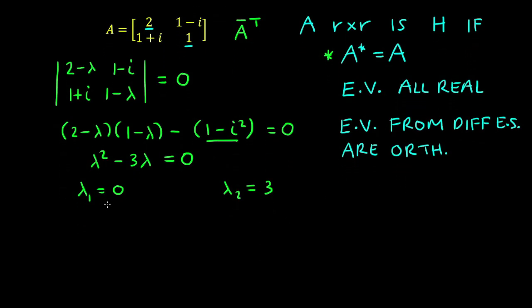And now to find the eigenvectors corresponding to lambda 1 equals 0, we have the product of the matrix A minus lambda I, so that would be 2 minus 0 is 2, and 1 minus 0 is 1. And we have the following entries off the diagonal, and that's multiplied by v1, v2 is equal to 0.